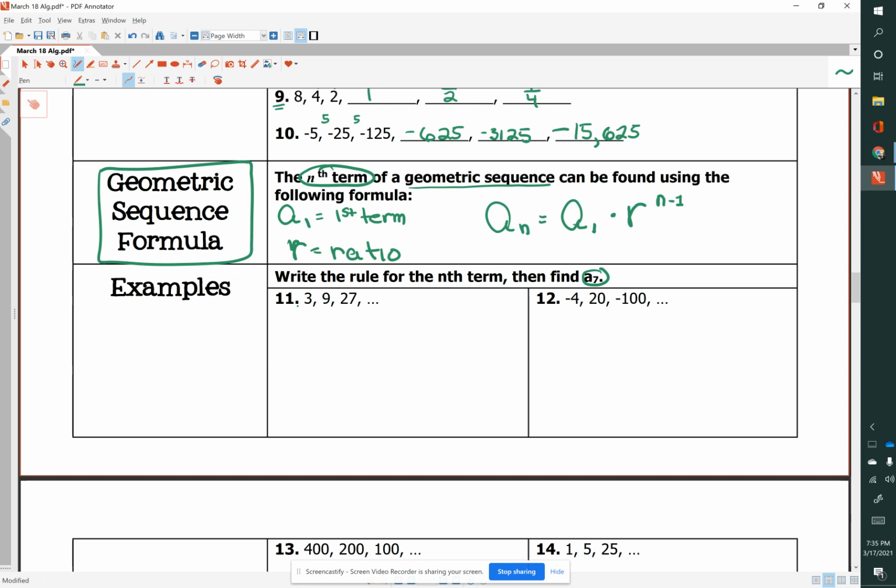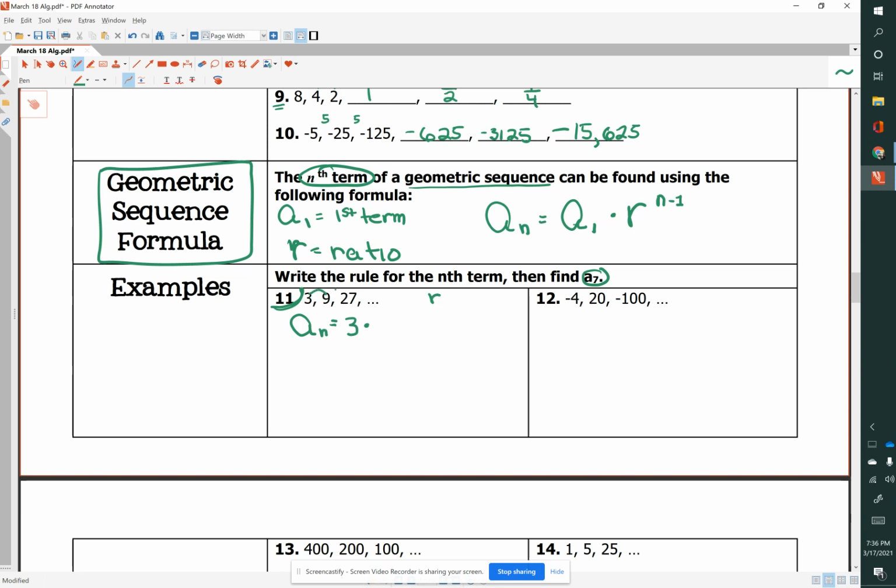So if we use our geometric sequence formula on number 11, which is 3, 9, 27, we can write the rule that a sub n equals the first term, which is 3, times, and what's our common ratio here? Well, we have to determine that first.